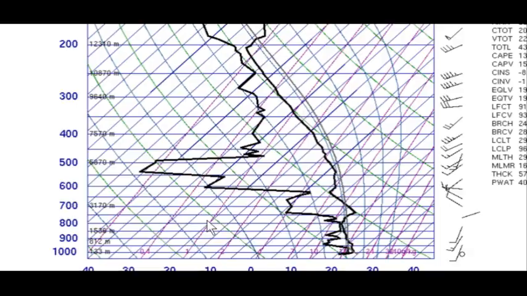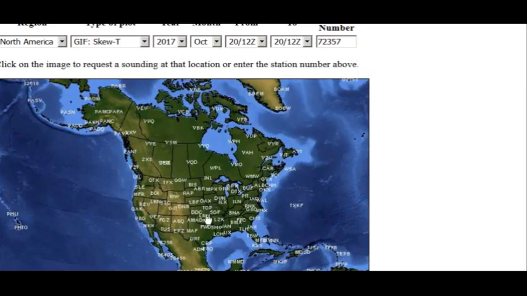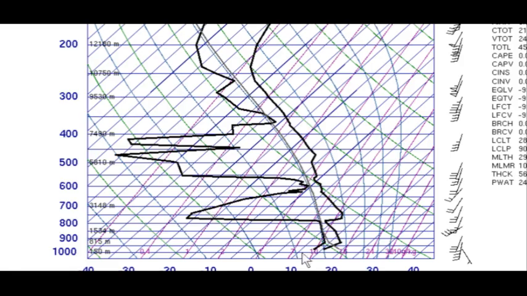Let's compare that with Norman. Looks different. Instead of the moisture being way over to the right, where we've got higher dew points, they are weaker there in Oklahoma. And then we go on all the way up to Topeka.